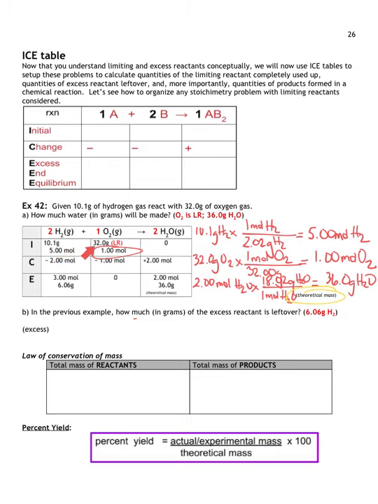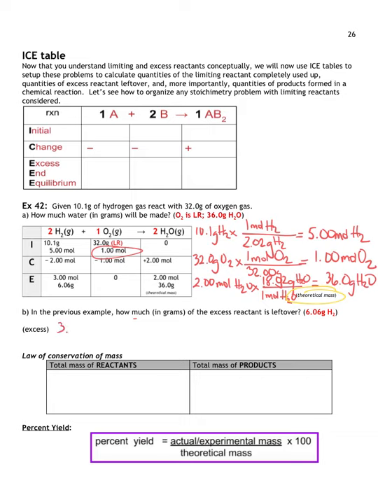in this problem. Now let's go to the next part of this problem, which is asking us, in the previous example, how much of excess reactant is left over. And so this table perfectly gives us the amount, and that amount is 3.00 moles of hydrogen, which is in excess.